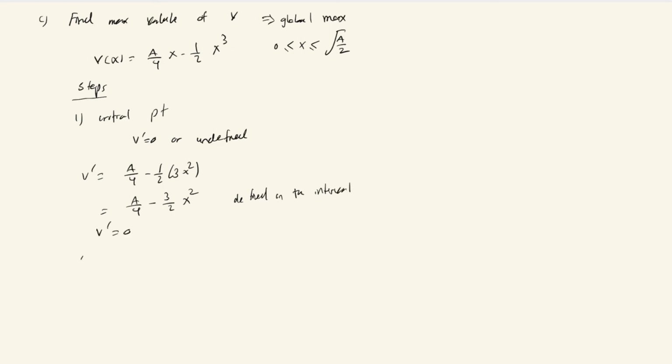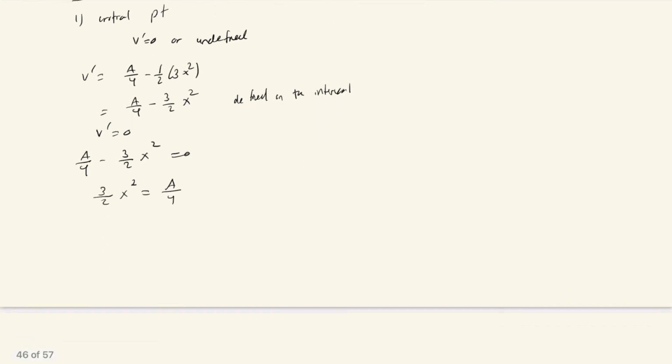Now where is the first derivative 0? Here I'm gonna solve for x, so I'm gonna move the first term to the other side, and then I'm gonna multiply by the fraction 2 over 3. Now I'm gonna simplify in here. That's gonna be a over 6, since 2 multiplied by 3 is 6. Then I'm gonna take the square root of x, and that's gonna be square root of a over 6.